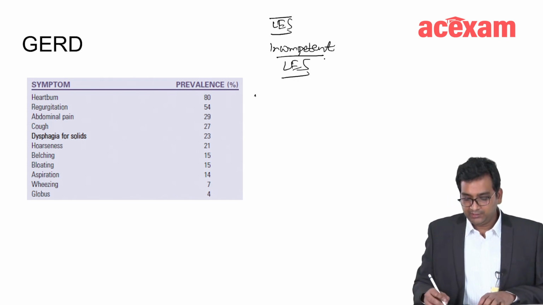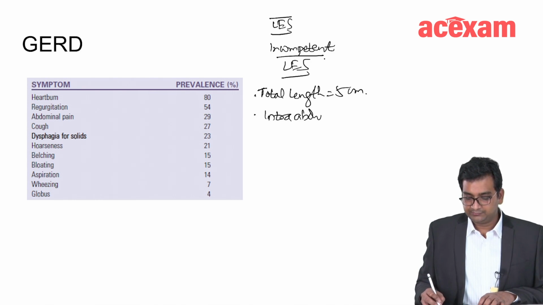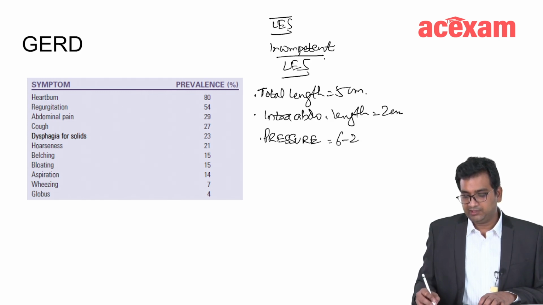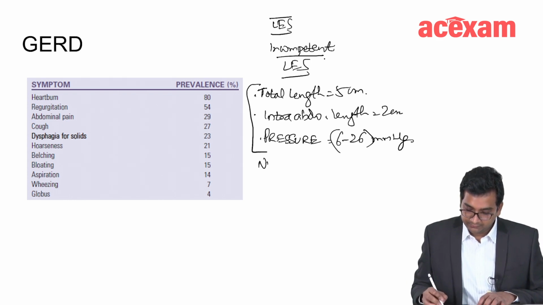As I've told you, the total length of LES is 5 centimeters, the intra-abdominal length is 2 centimeters, and the pressure is 6 to 26 millimeters of mercury. Okay, this is a normal LES.